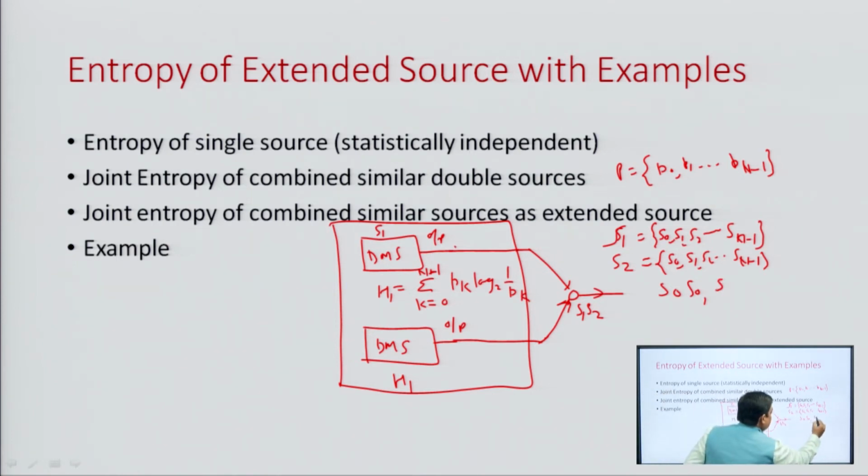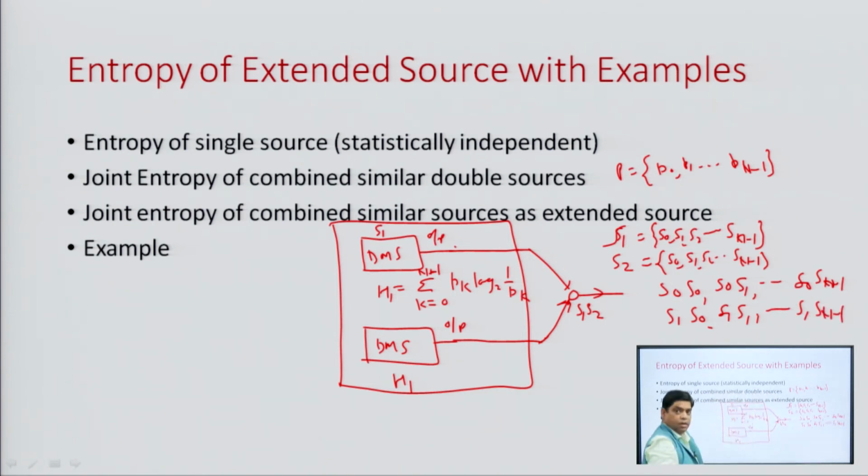Next is S0 S1, the next possible combined symbol. Similarly S0 Sn minus 1, then S1 S0, S1 S1, up to S1 Sn minus 1. These are the possibilities of the joint symbol.